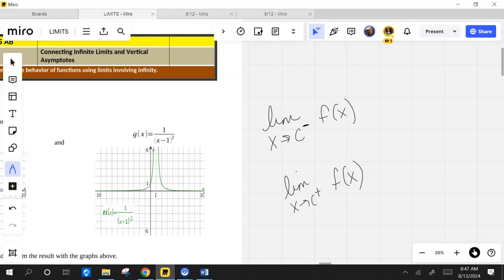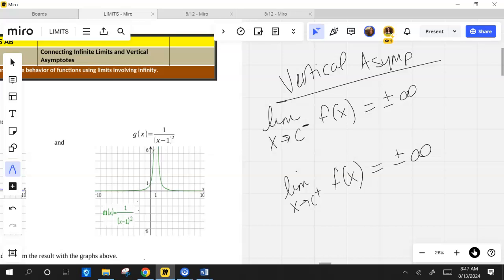If you ever get positive or negative infinity, that is the definition of a vertical asymptote. Period. If you take the limit as you approach a constant value and you get infinity, either positive or negative, you have a vertical asymptote. That's what it means. There is a box at the bottom of your paper that even has this highlighted down there if you'd rather not write it or if you want to write it. That's your huge takeaway here.